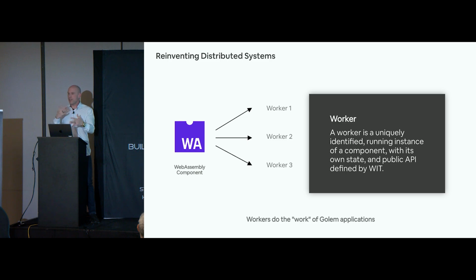Not only does it have state in memory, like heap and stack, your variables and whatnot, but it also has a public API that's defined by WIT. So that's what a worker is: a running instance of a component that has its own in-memory state, just like any running process does, and a public API defined by WIT that makes certain features of that running process accessible to the outside world.